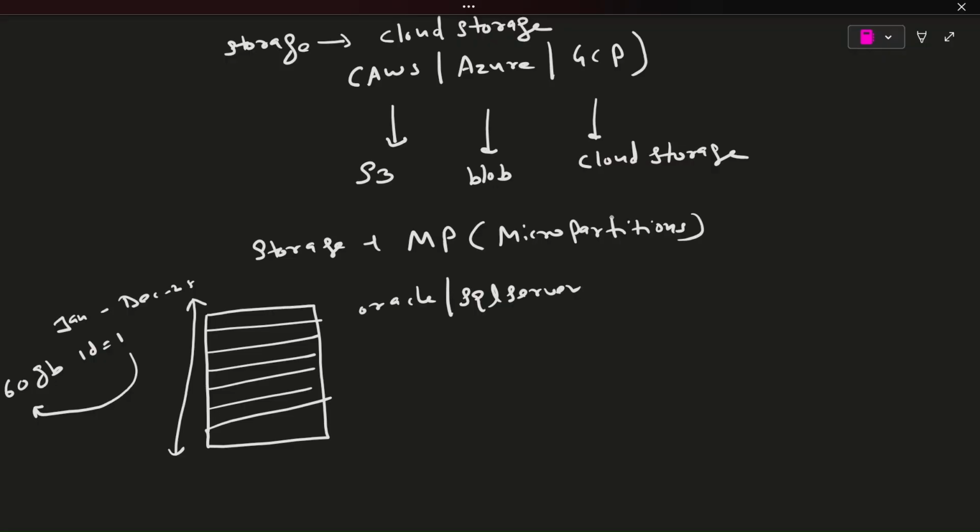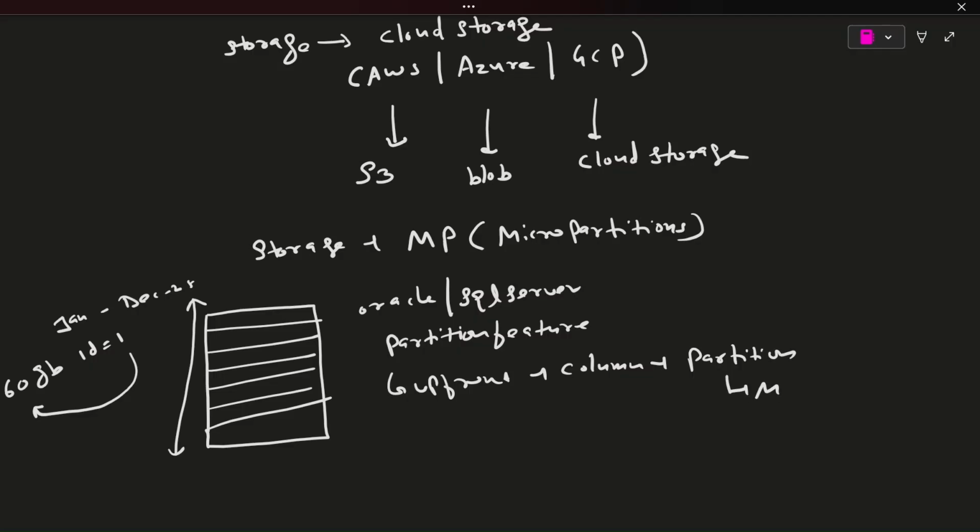Now these databases also come up with the partition feature, where we need to define upfront on which column and what will be my partition strategy, whether I am going to do it monthly or weekly, so that is up to us.